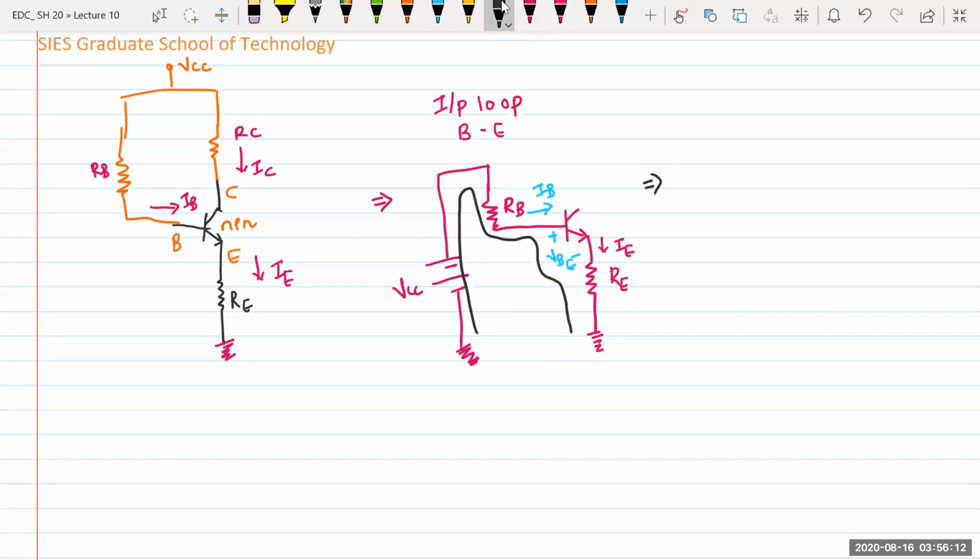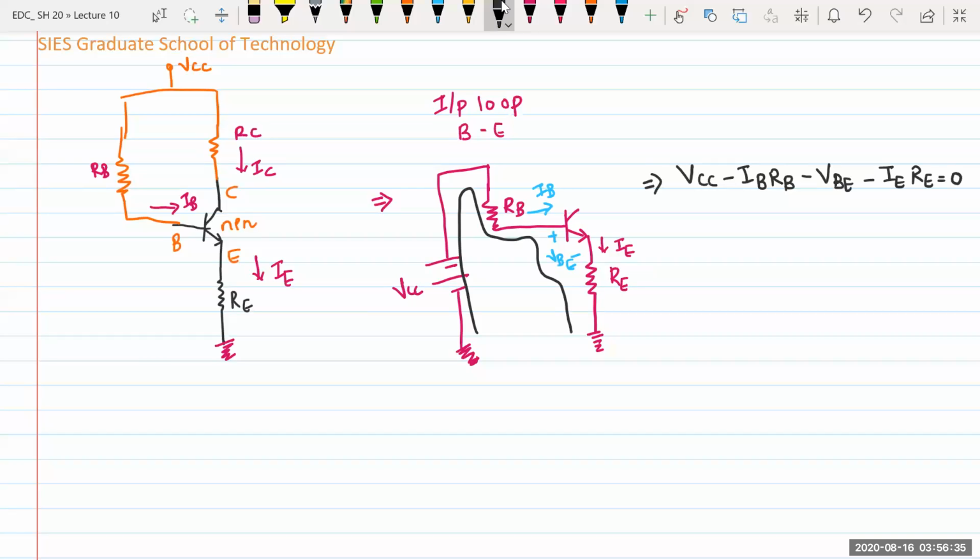I'll repeat, plus VCC minus IB RB minus VBE minus IE RE is equal to 0.